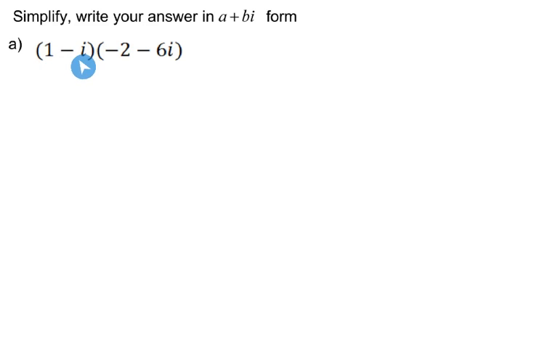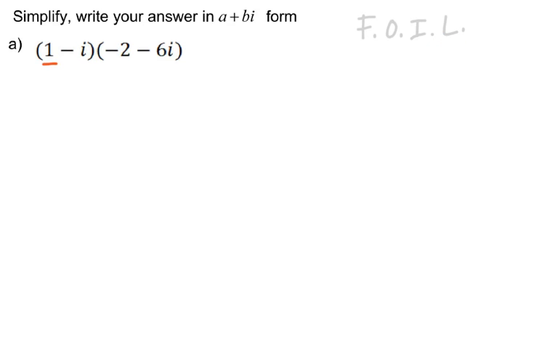So I have a binomial times a binomial, and when I multiply, I need to make sure I distribute. When we think about multiplying and distributing, we have a binomial times a binomial. We oftentimes use the acronym FOIL to help us remember how to multiply these terms.